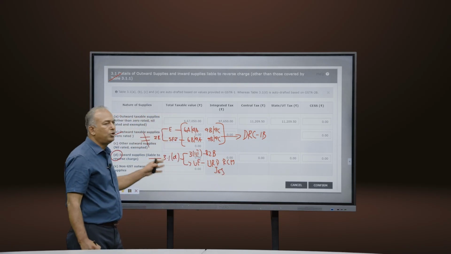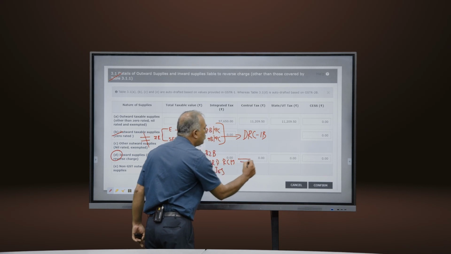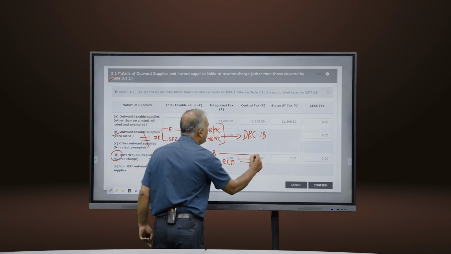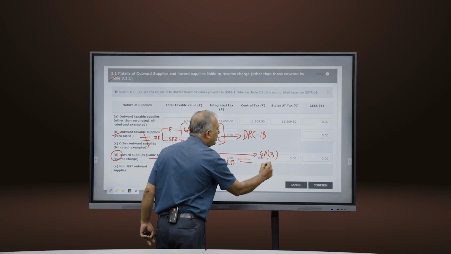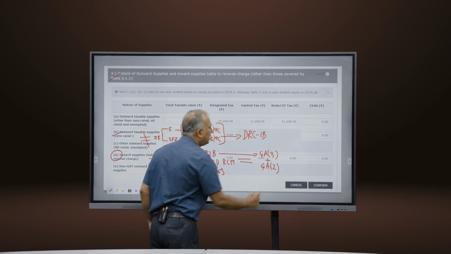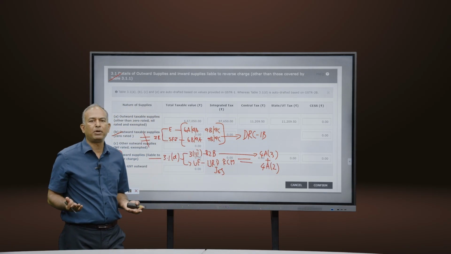This is what I told you is a liability here. Now, what should this be equal to? This will actually auto-populate into 4A3. So this should be equal to 4A3 plus whatever is the user entry which is done for import of service. If this does not match, it's a scrutiny parameter.